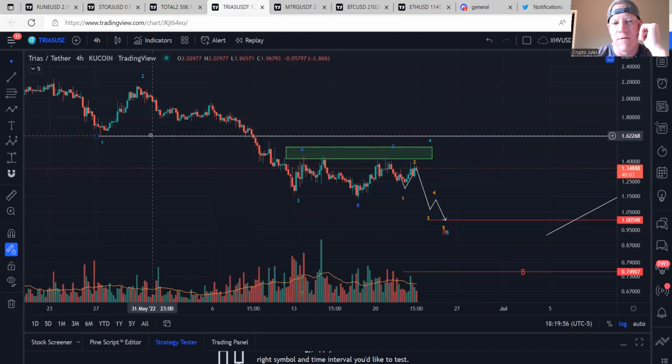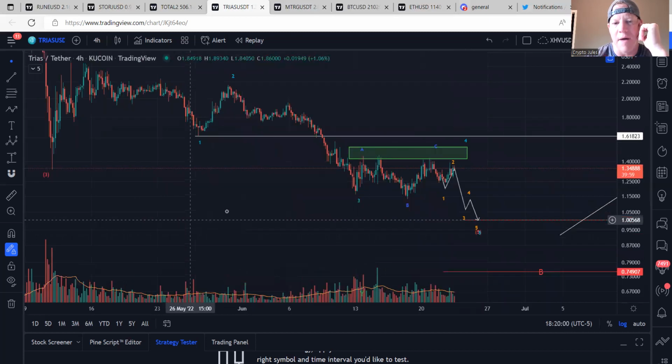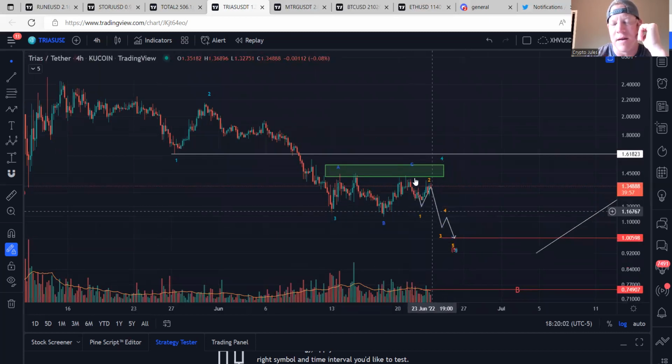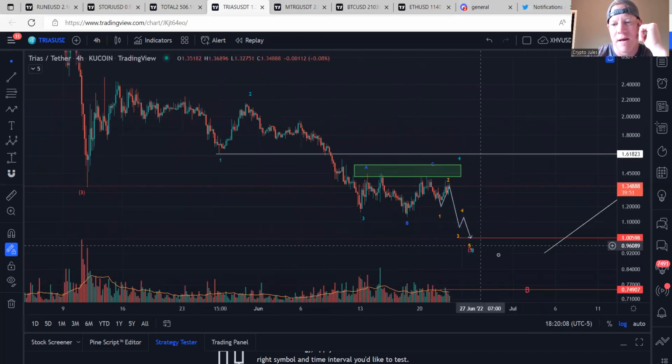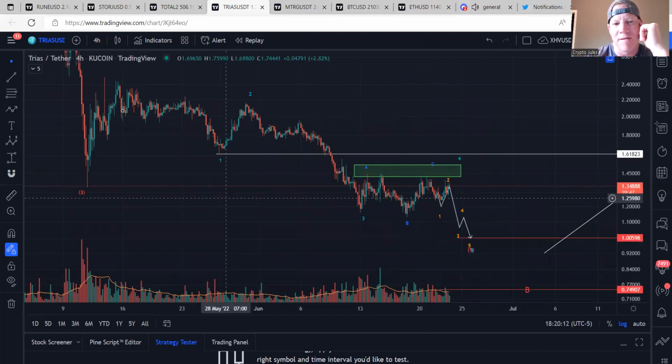But ultimately, if we do break above $1.62, that would invalidate the immediate impulsive 5-wave structure down, and more than likely, I would say the bottom would probably be in, unless this is some sort of corrective structure that I'm just missing.